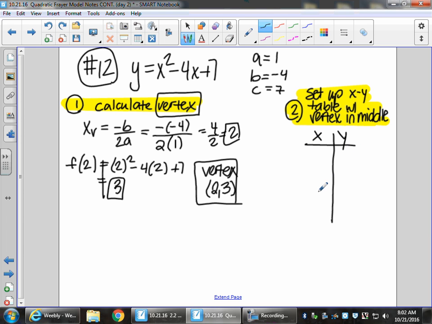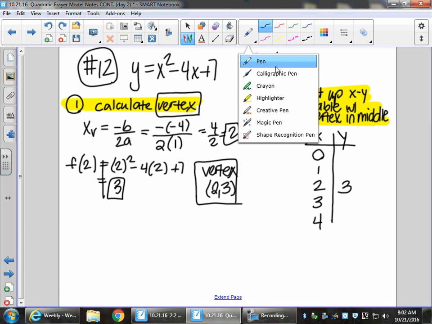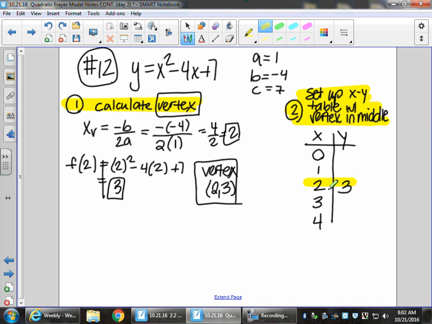I'm literally going to put the vertex in the middle. I want 2 points above and 2 points below. So from 2, can you count backwards? 2, 1, 0, and then count forward 2, 3, 4. And again, notice my vertex is sitting right in the middle. Step 2 complete.